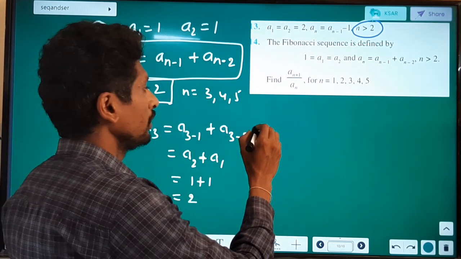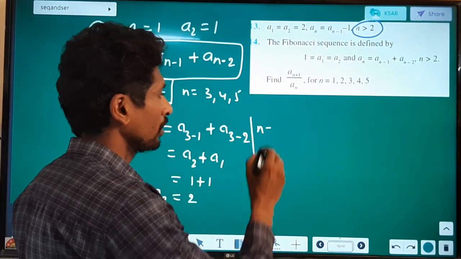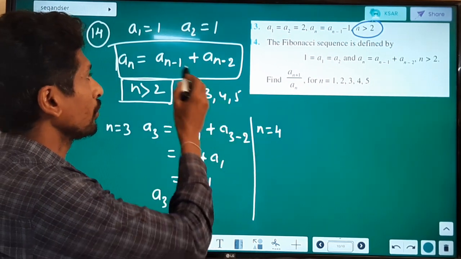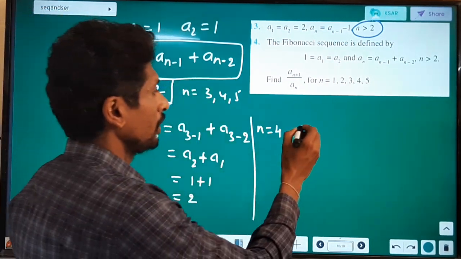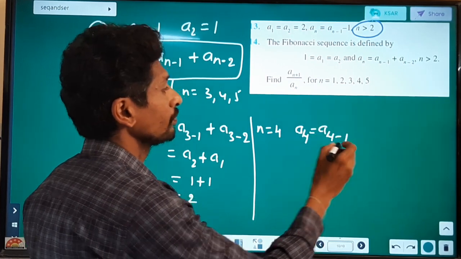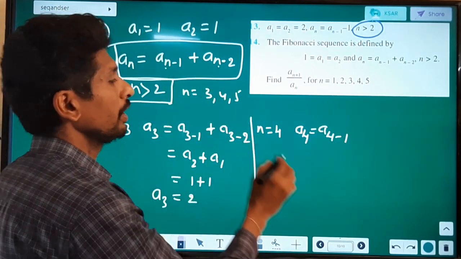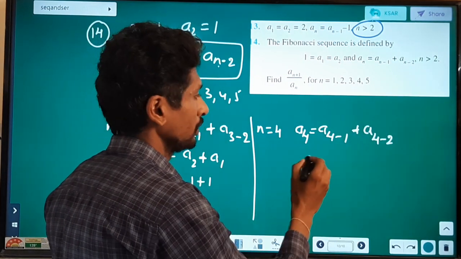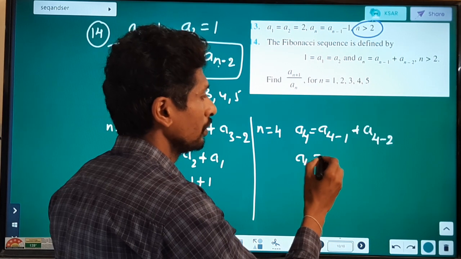Similarly finding the fourth term now. Fourth term continuity. The fourth term is what? N is equal to 4 now. The same thing, substituting in the nth term now. A4 becomes what? A4 minus 1, n is 4 here, A4 minus 2 is here. Now A4 becomes what?